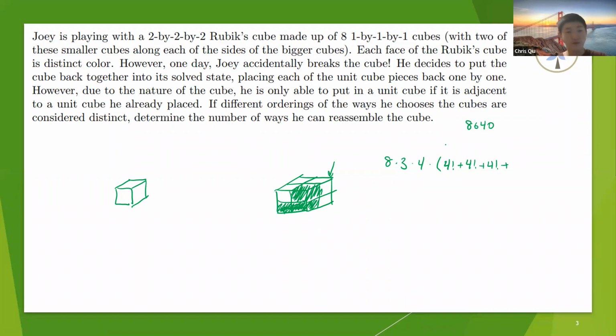The only other possibility is if Joey decides to reassemble this cube next. In this case, we must choose from one of the 3 cubes that are adjacent to the ones we've already picked. So for a second, let's just ignore these boxes and just consider the centers of these cubes.